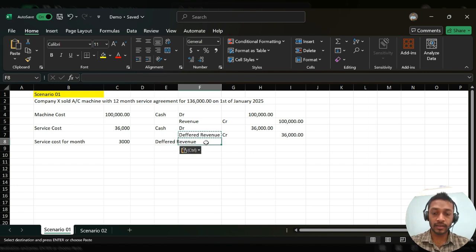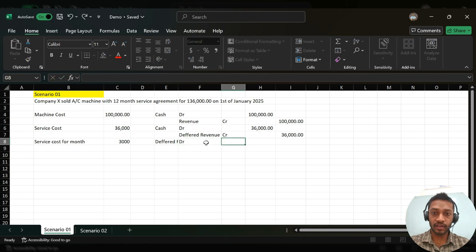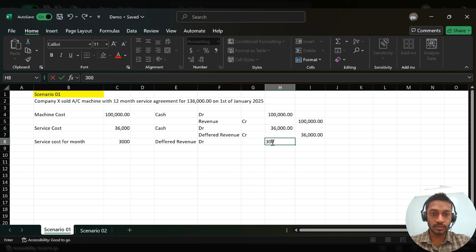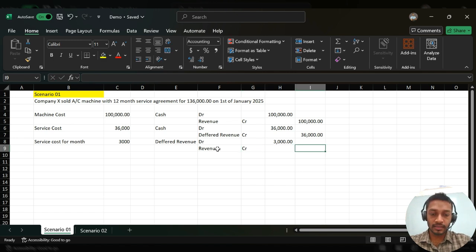We debit the deferred revenue account by 3,000, and we identify revenue of 3,000.